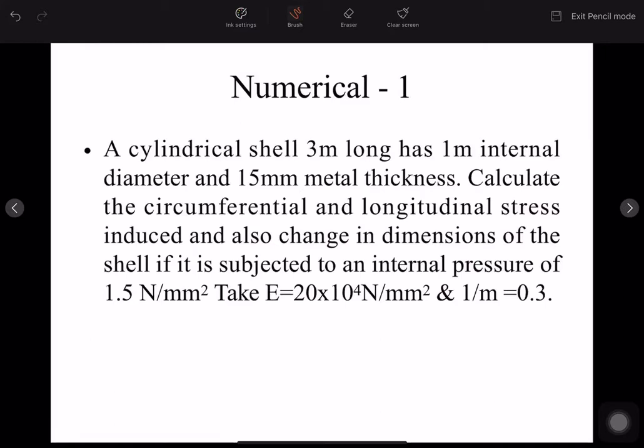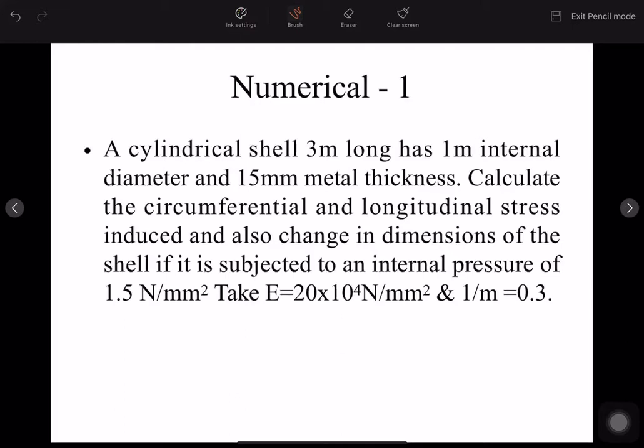As we have seen the equations for longitudinal strain, circumferential strain and volumetric strain, and earlier the equations for various types of stresses, now we'll try to solve a numerical based on the equations I have mentioned just now.